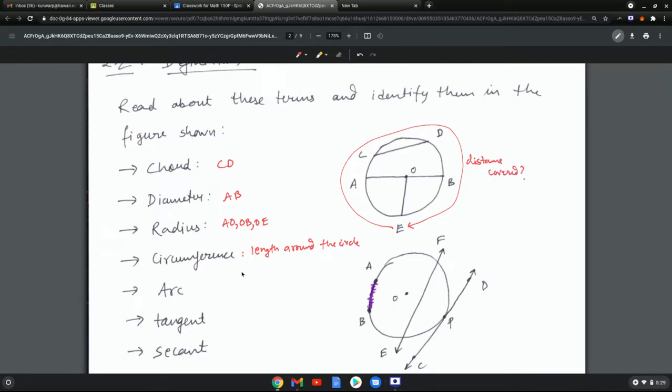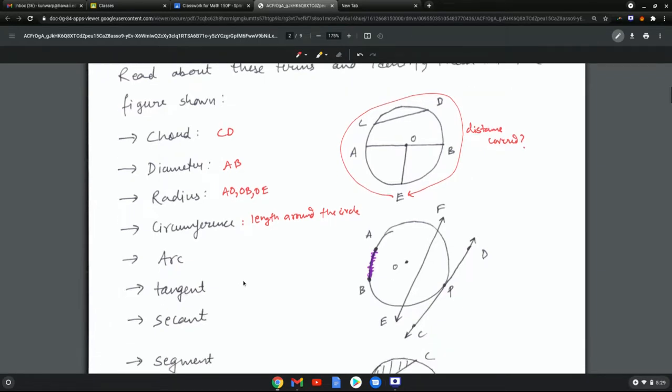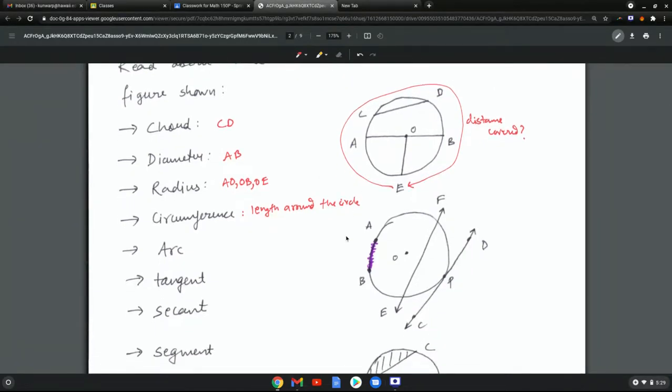That's called the circumference. Arc. Instead of going all the way around, if I go only from A to B, then in order to talk about that portion of the circle, we use the word arc.